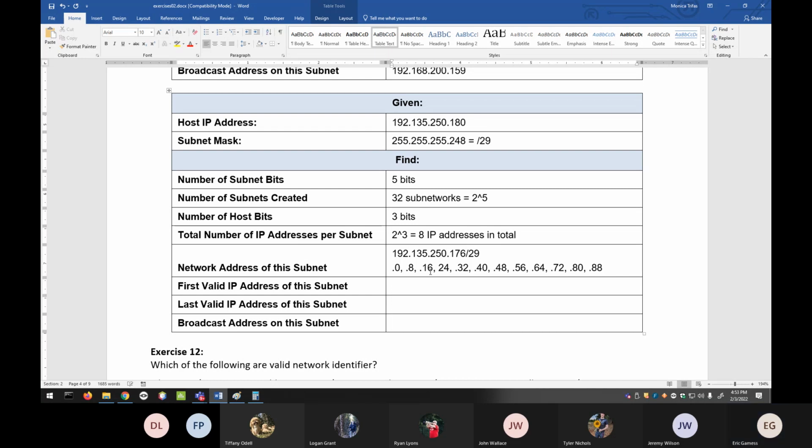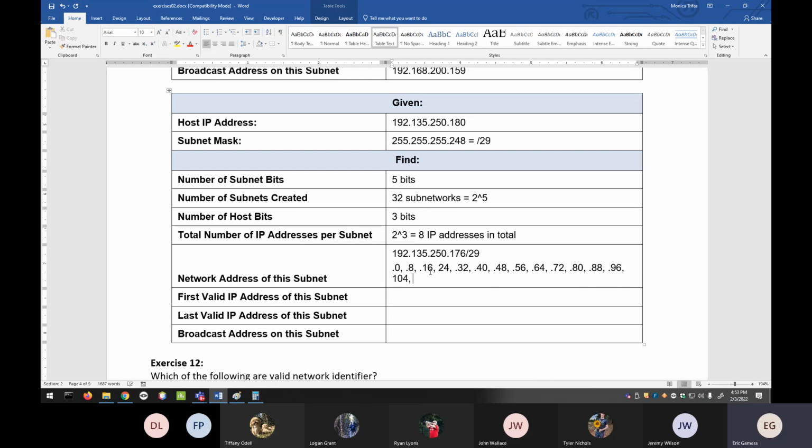Then .96. Then .104. You see, those are the possibilities. Of course, I have to continue a lot to reach that. So .112.